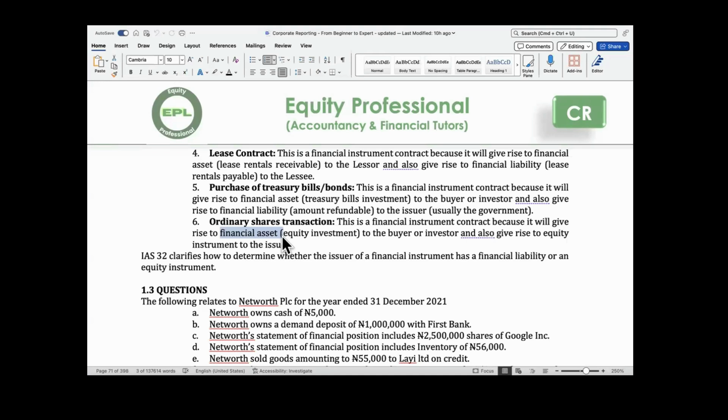So when you buy shares in another company, you have a financial asset. You are the investor. And the issuer in this case does not have a financial liability, but now has an equity instrument. Equity instrument is issuing shares.